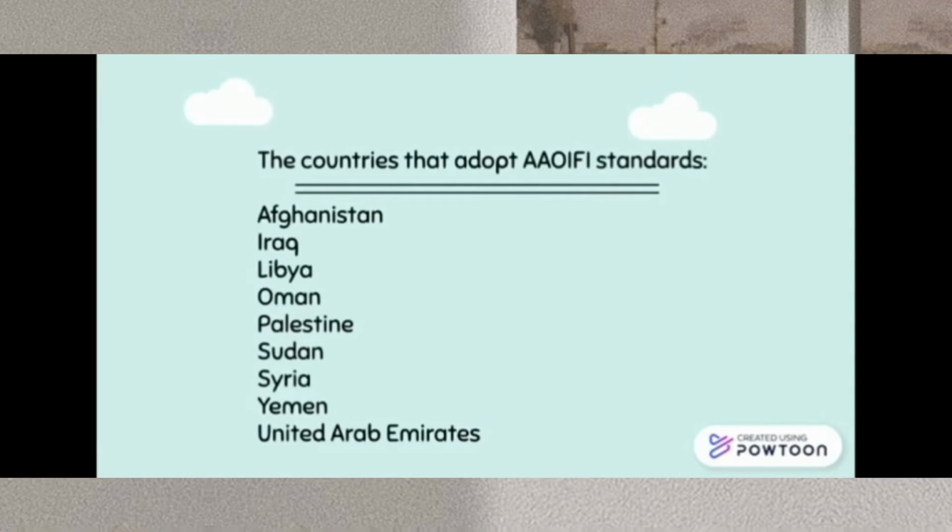So examples of the countries where AAOIFI standards are either mandatory or recommended include Bahrain, Saudi Arabia, Syria, Sudan, Jordan. Prior to implementation of AAOIFI standards, many financial institutions in these countries were operating under a semi-regulated market where accounting policies were determined with the assistance of the Sharia Supervisory Board.